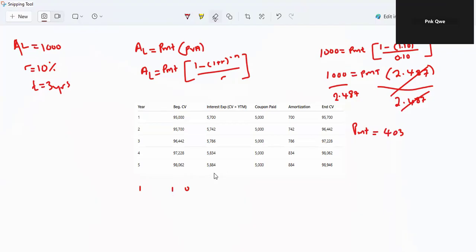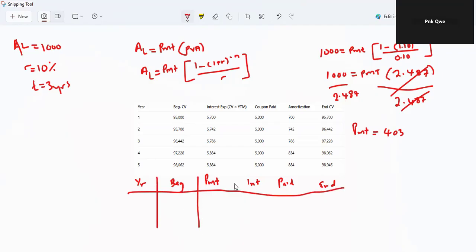So we have the year, the beginning amount, the periodic payment, the interest, the loan paid, and finally, the closing balance, the end value.